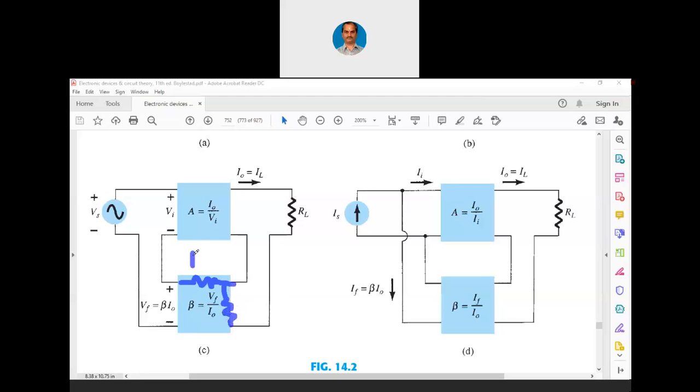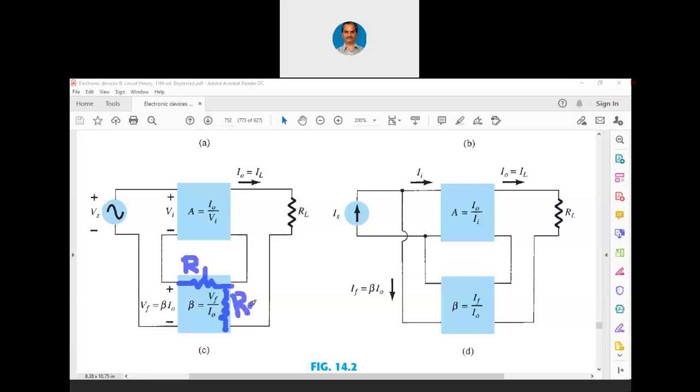Let us say we call them R1 and R2. Let us say IO. Now this is R1 and this is R2.